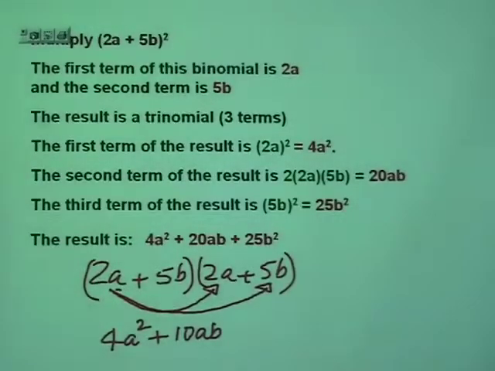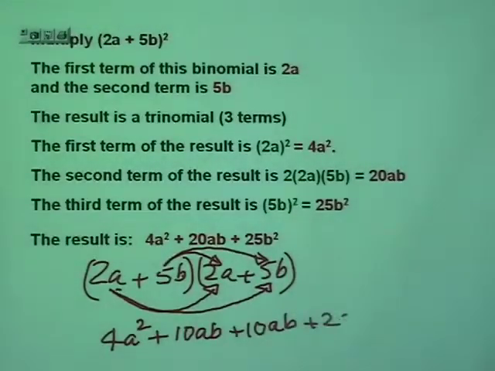And now we have finished multiplying with this 2a. Now 5b times 2a. What is 5b times 2a? That will be 5 times 2 is 10, b times a is ab. And now multiply 5b with 5b. What is 5b times 5b?